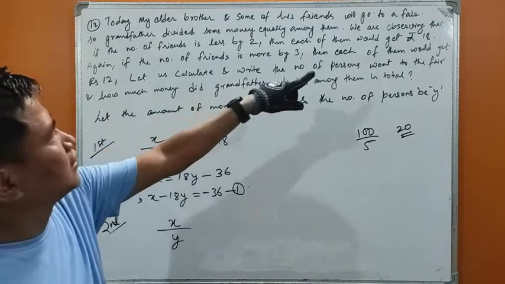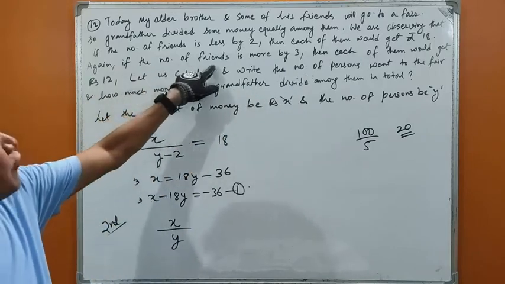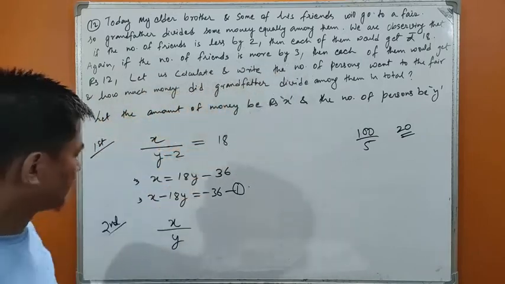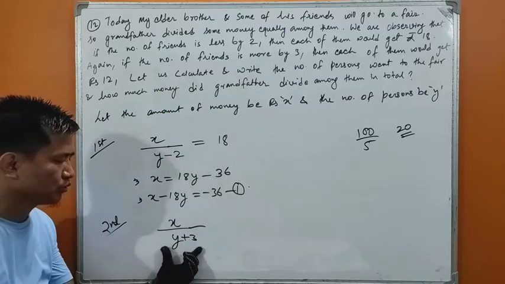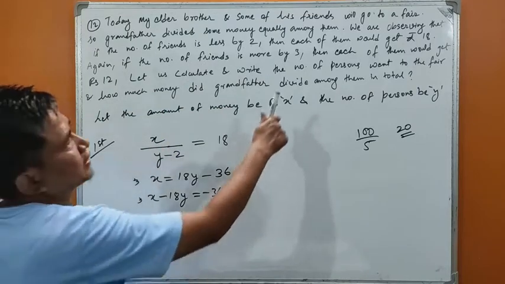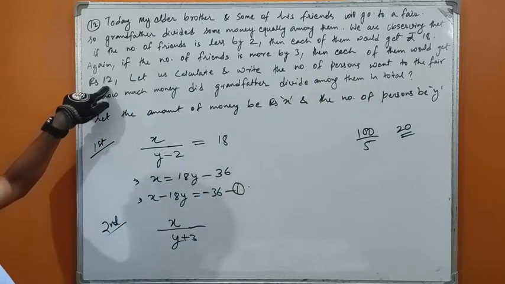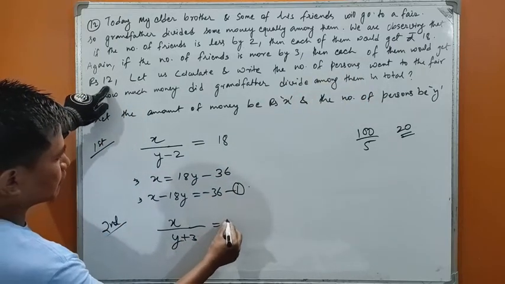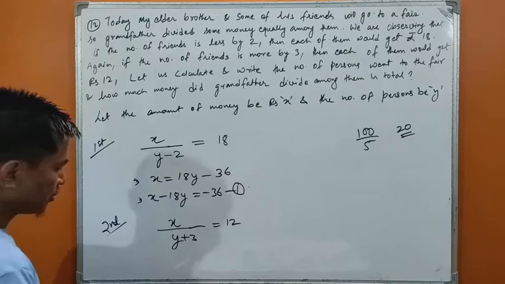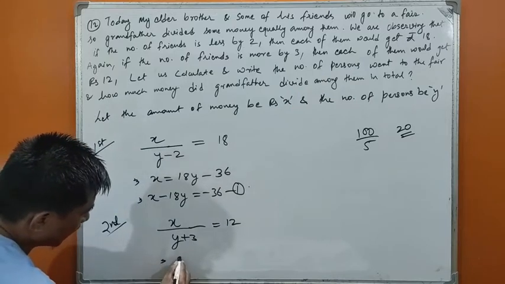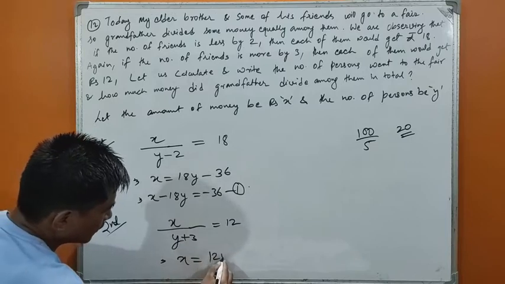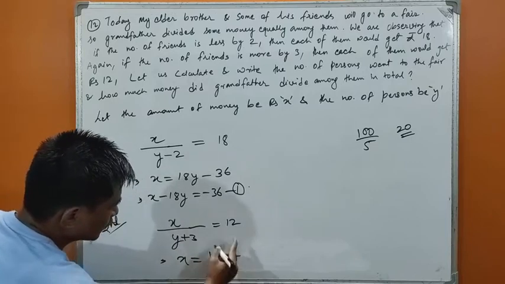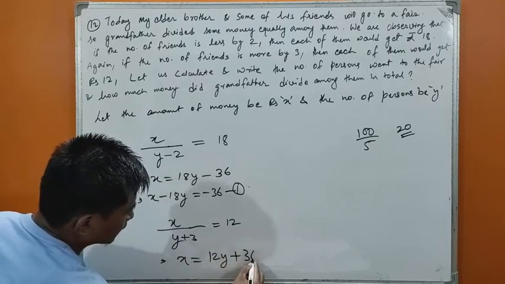The second condition is, if the number of friends is more by 3, that means Y plus 3, then each of them would get rupees 12. So let us cross multiply this: X equals 12 into Y is 12Y, plus 12 times 3 is 36, isn't it?